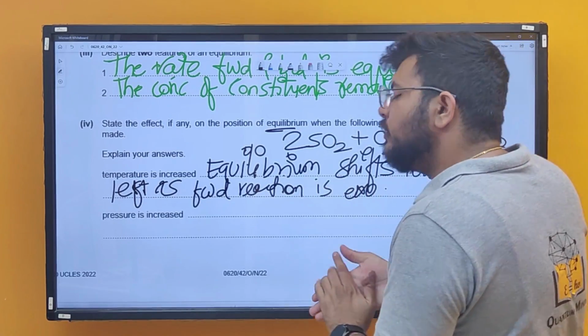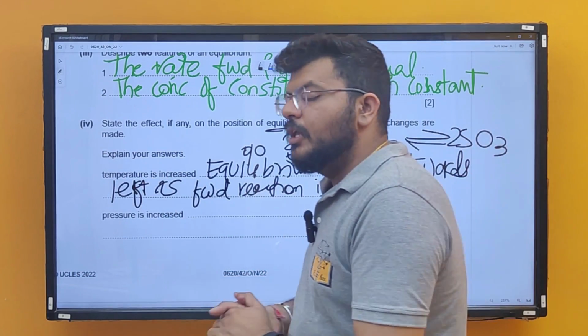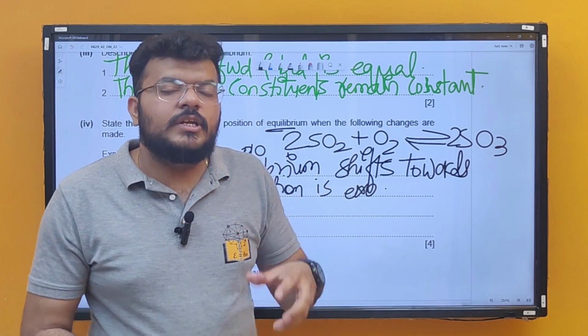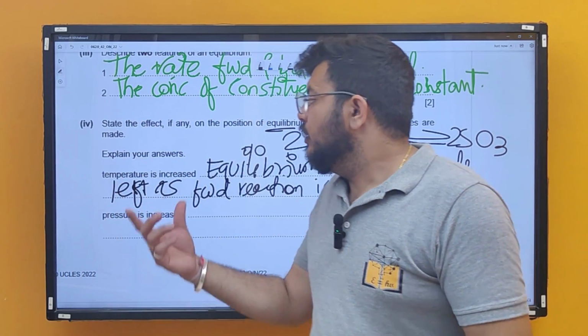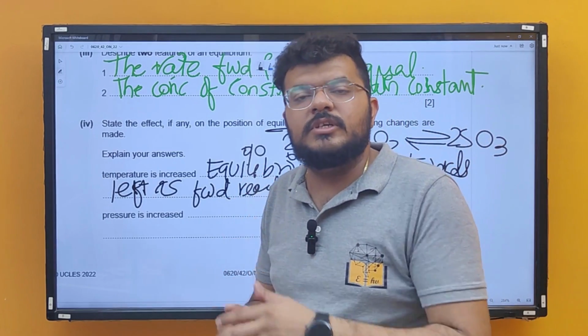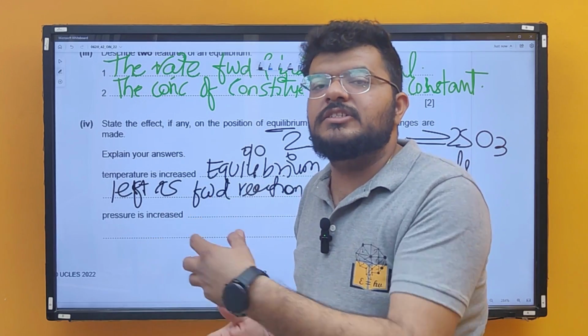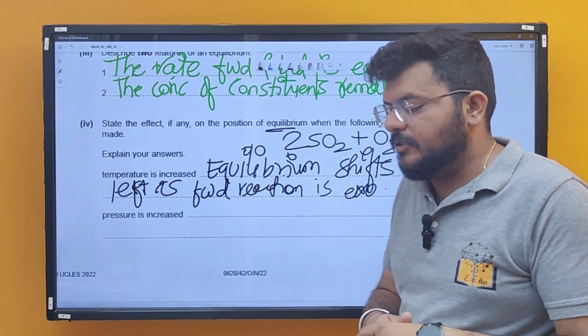Now, how do I know that equilibrium will shift this side if forward reaction is exothermic? Now, what happens is if the reaction is exothermic and you increase the temperature, this increase in temperature promotes the backward reaction or the endothermic reaction more than the exothermic reaction.